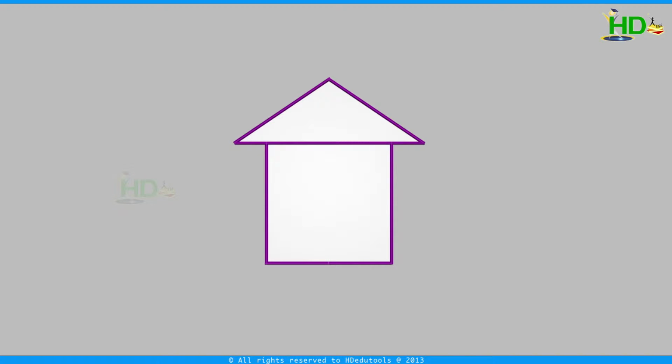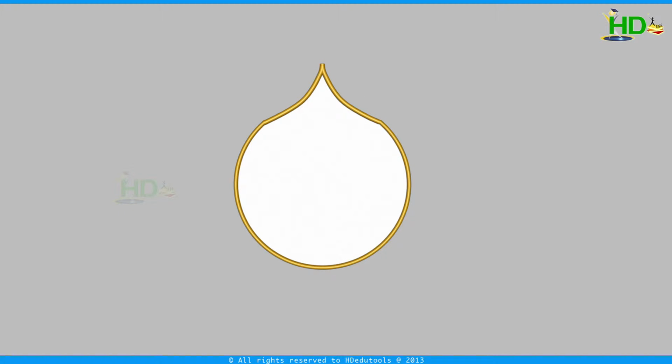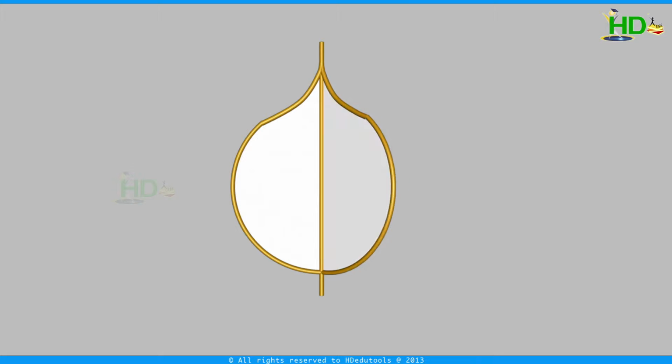In this case, if you fold this across this line, you can find the symmetry. Similarly in this figure, if you fold this across this line, then also you can observe the symmetry.